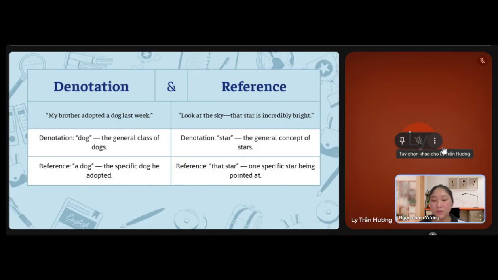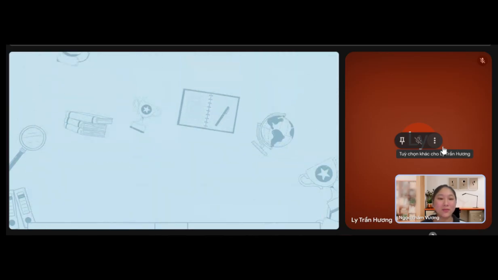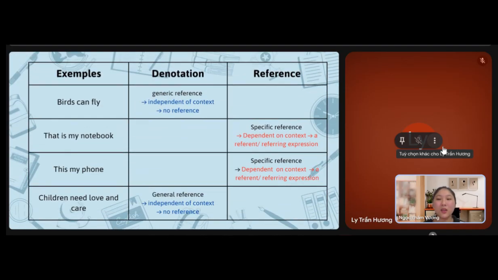Let's look at more examples. Birds can fly: this is denotation, because it is independent of context, no reference.